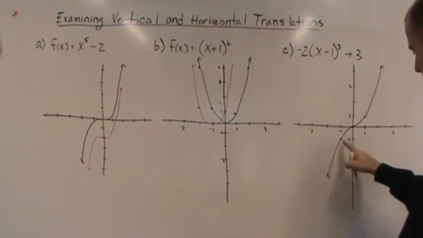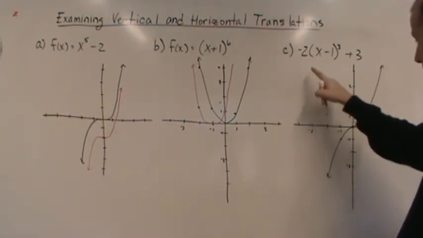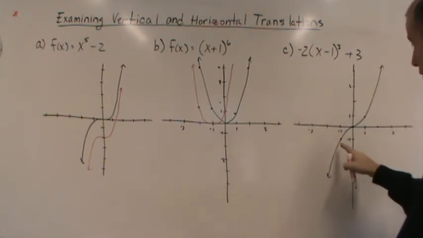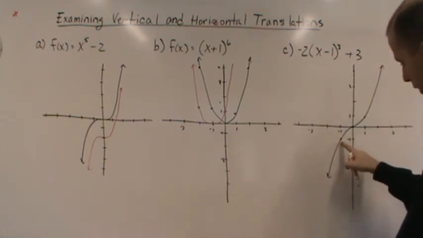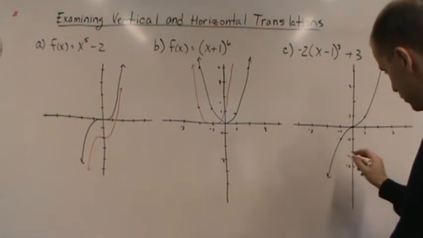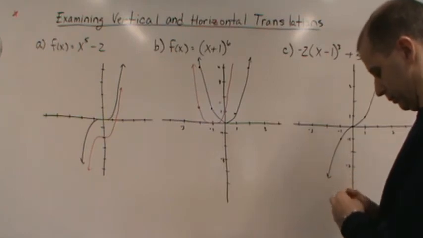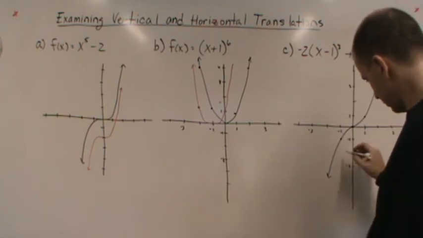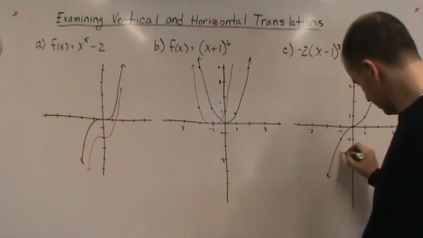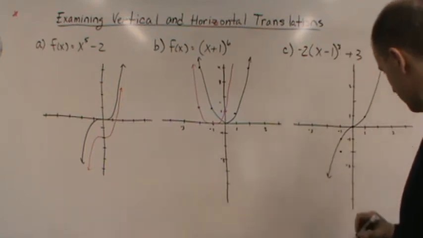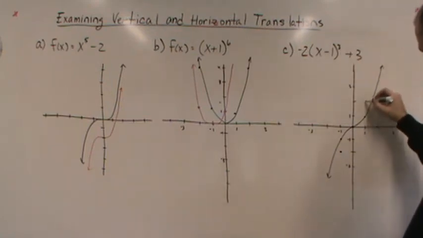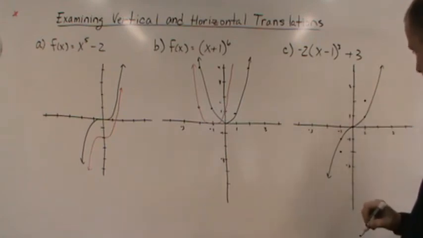This point is doubled because of the 2, so all of the values are doubled. It's going to go from -1 to -2, so this one goes here, and this one goes up to 2.